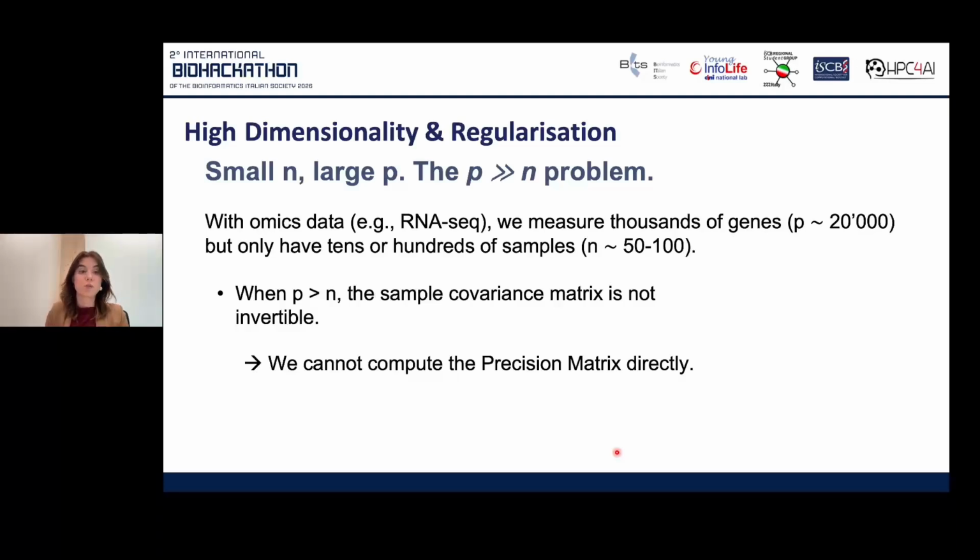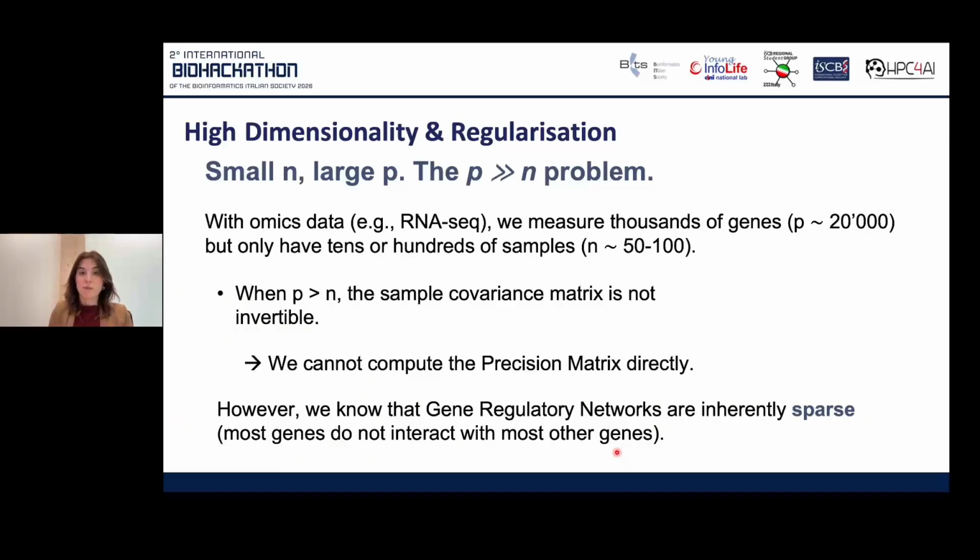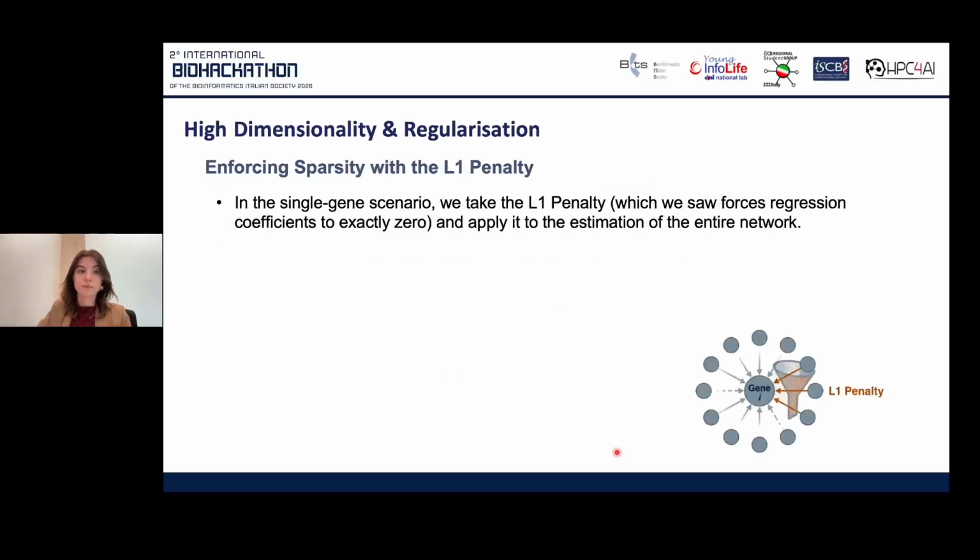So we cannot compute the precision matrix directly. However, what we also know from biology is that gene regulatory networks are sparse because most genes do not interact with each other. So how do we handle this?